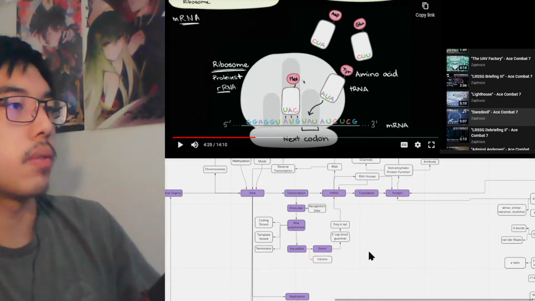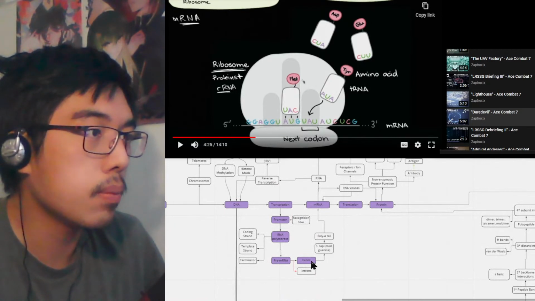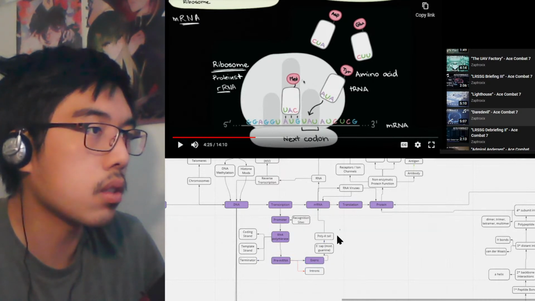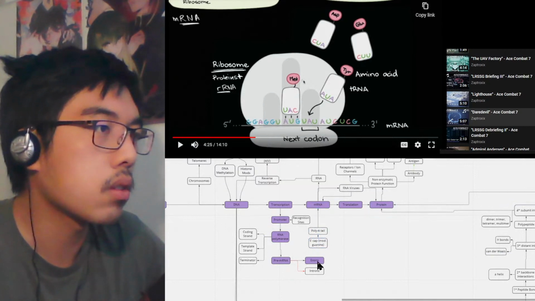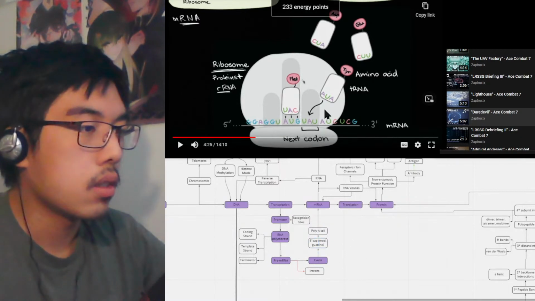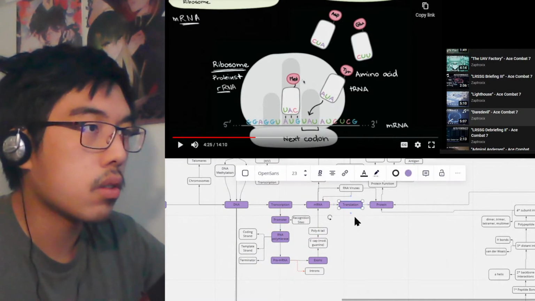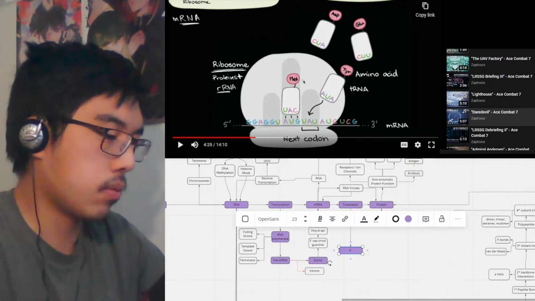Okay, all right, nice. It's a little bit more compact. What I can do instead is make this align here. So now, boom, done. All right, let's see. I can translate using a ribosome.